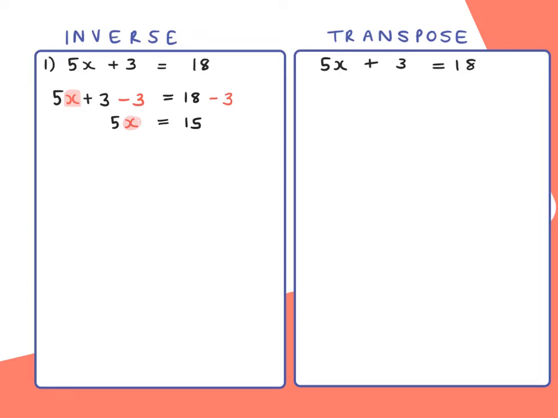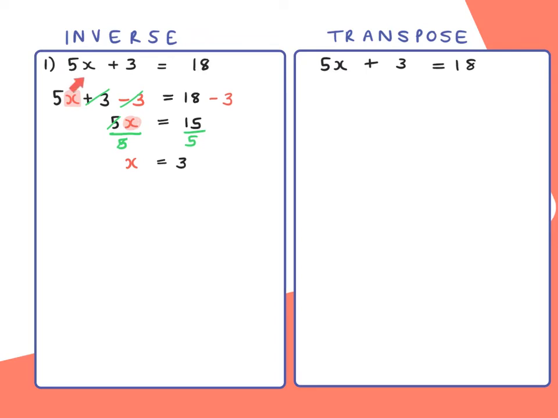So now, since 5 is multiplied onto the x, I want to divide by 5 so that the 5s cancel out, just like in the previous step, the 3s cancelled each other out. The 3 minus 3 gave me 0. Now 5 divided by 5, I'm just going to be left with 1x. But remember that if I divide the left-hand side by 5, I need to divide the right-hand side by 5. So my answer is that x is equal to 3.